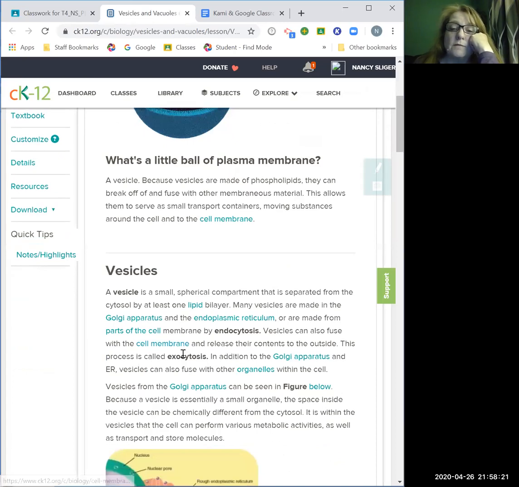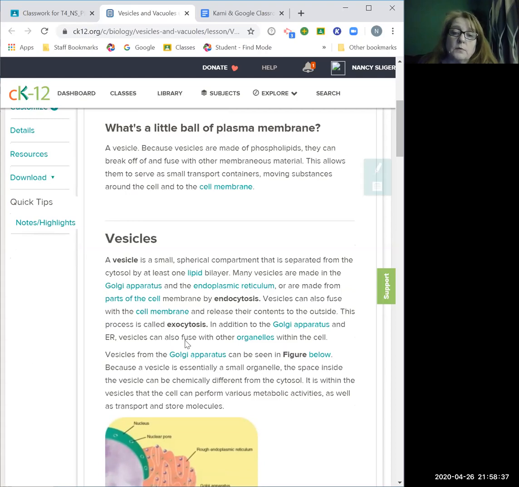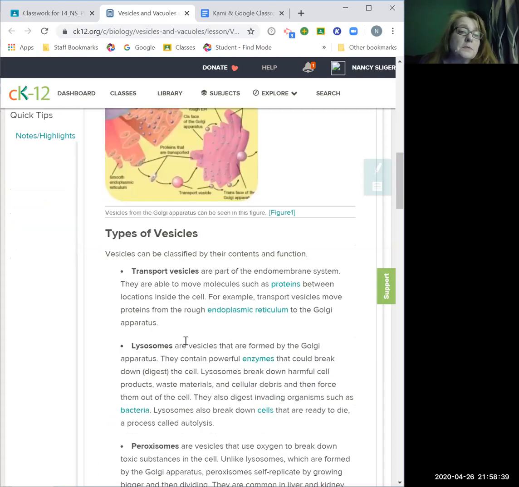So vesicles can fuse with the cell membranes and push substances out of the cell. Sometimes they are formed by the membrane folding over on top of itself to take in liquids or solid type foods. We saw that. Types of vesicles.